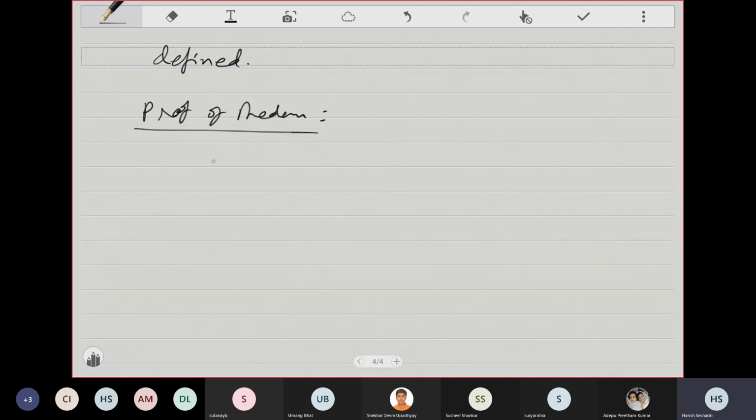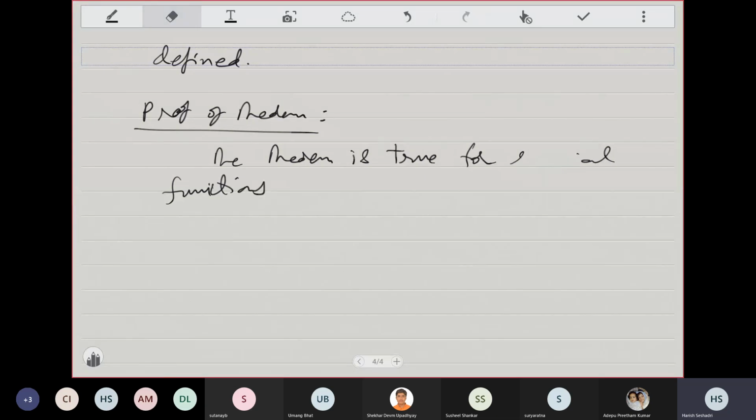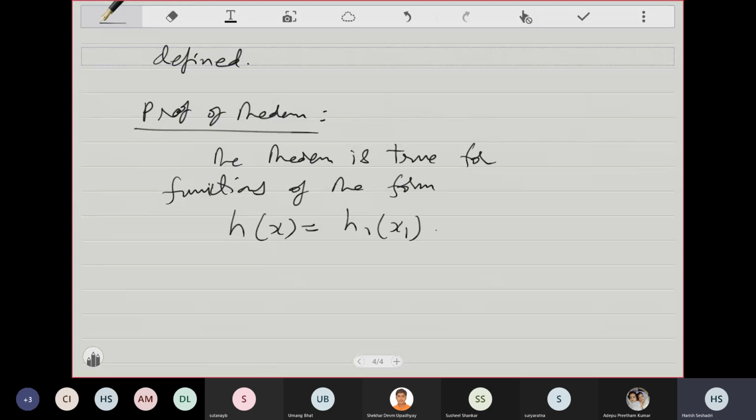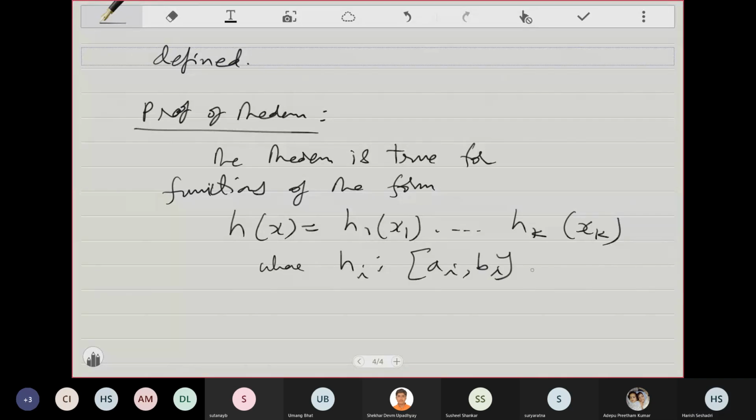it doesn't matter. And the idea of the proof is that the theorem is true for functions of the form h(x) equals h_1(x_1) through h_k(x_k), where each h_i from a_i to b_i to R is continuous, i equal to 1 to k.